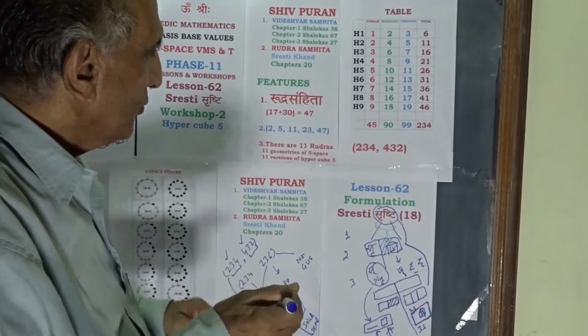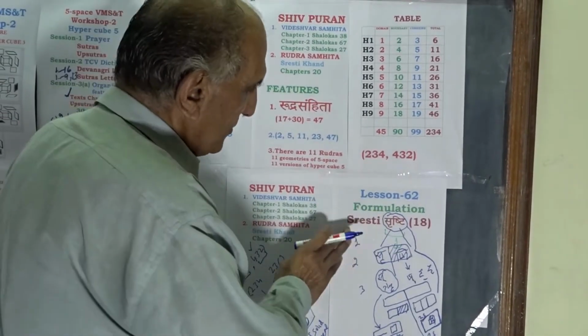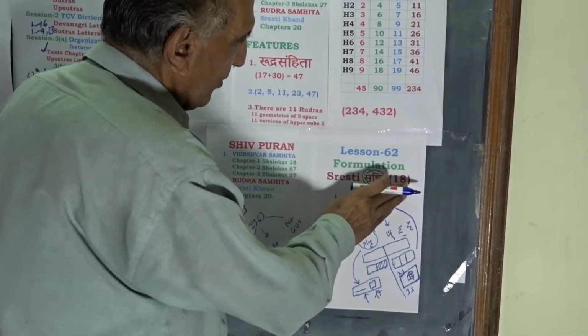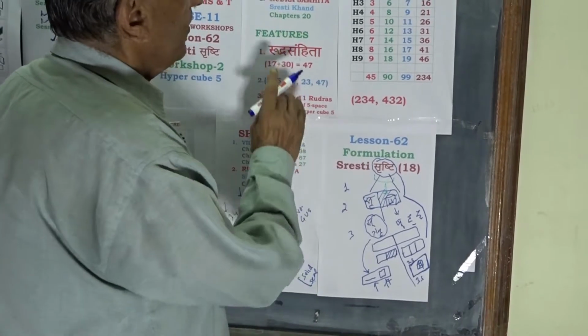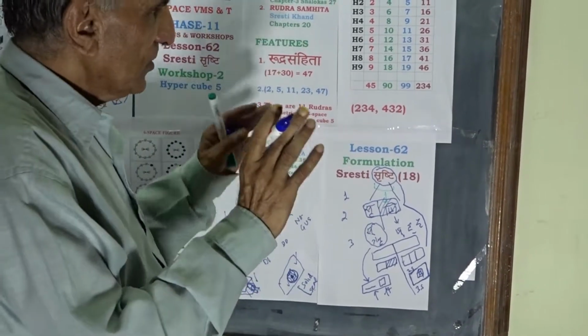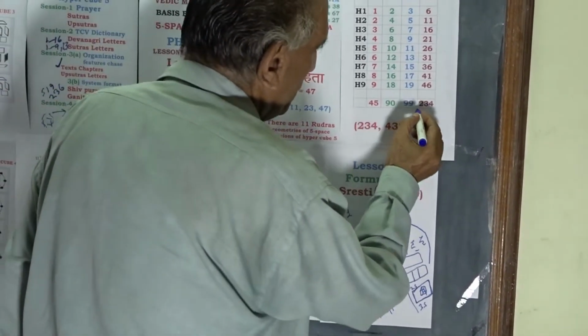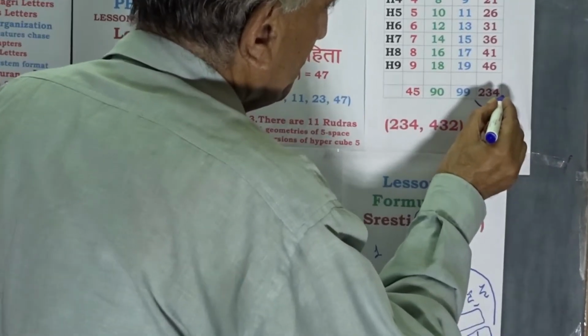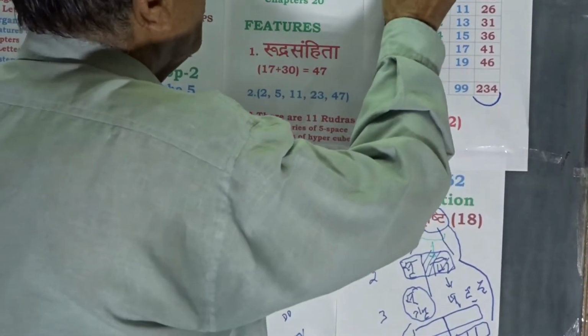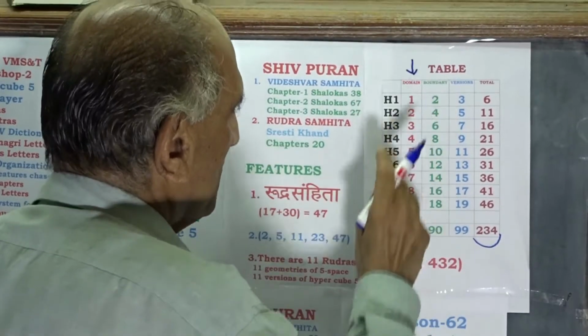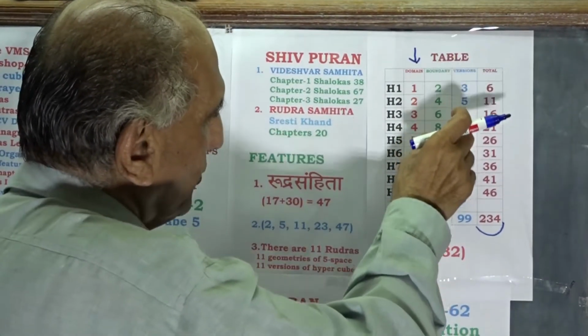Further, we have to take note that TCB value of this formulation is 18. Therefore, we have to see that the value 234, which is a domain of hypercubes 1 to 9 of value 1, 2, 3, 4, 9.